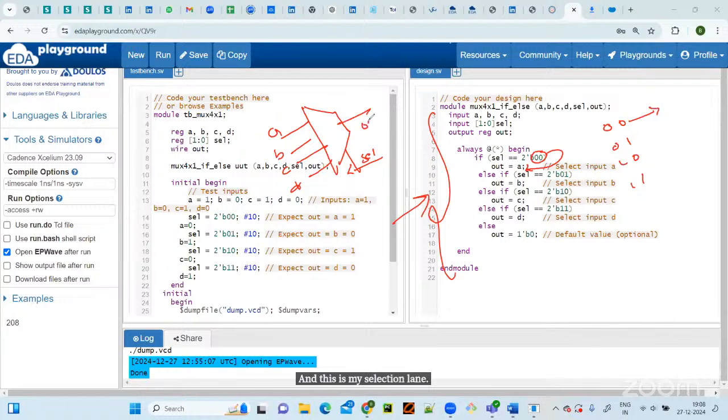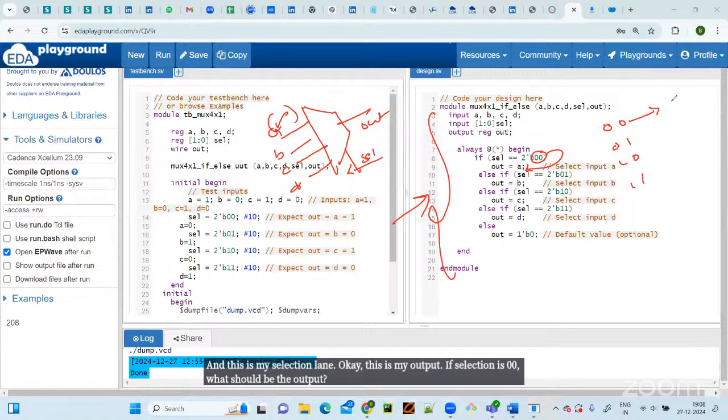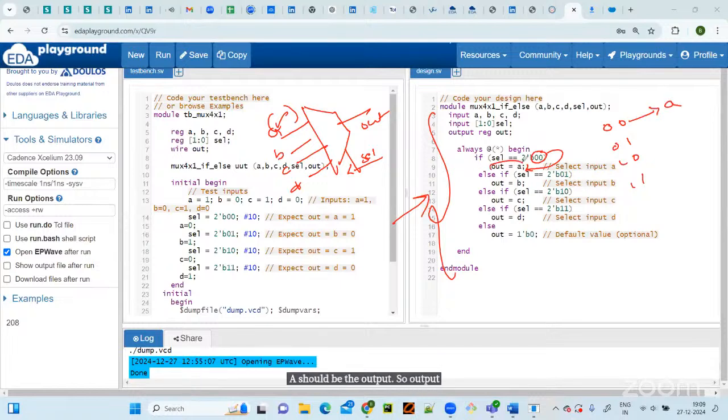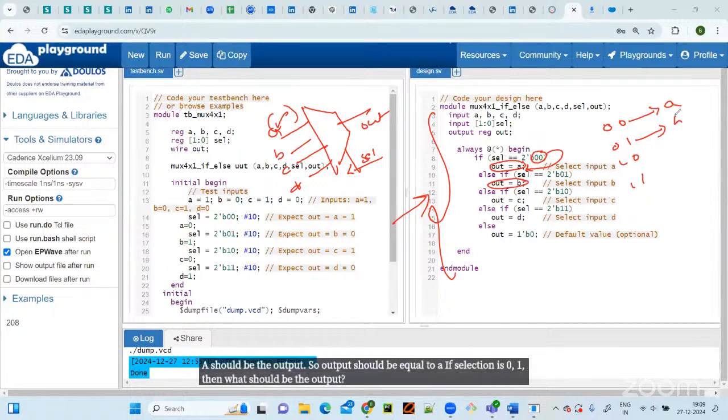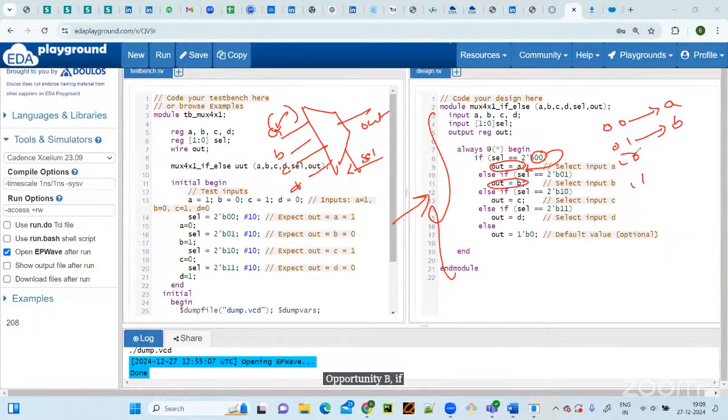This is my output. If selection is 00, A should be the output. If selection is 01, output should be B. If selection is 10, output should be C. If selection is 11, output should be D. That's what I have written here.